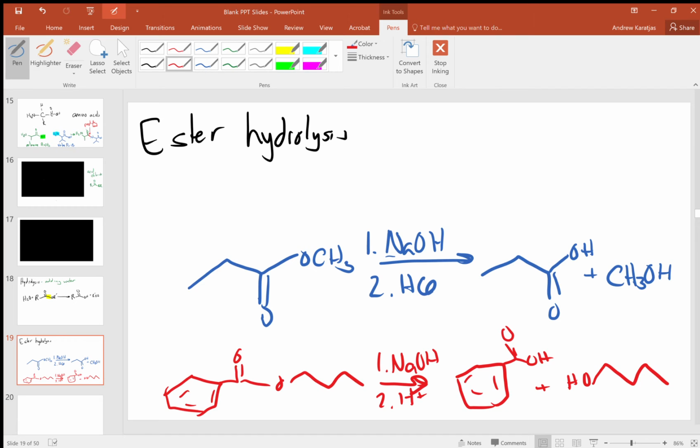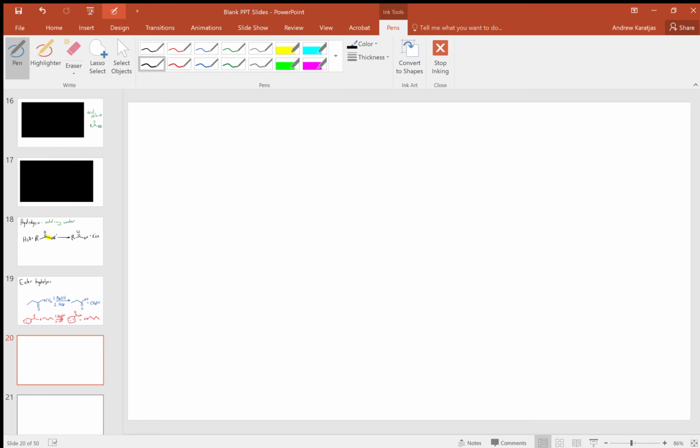Now, one of the most interesting and most important applications of this reaction is where it gets its other name from. This reaction is sometimes referred to as saponification. And that's just a word that means we're making soap.